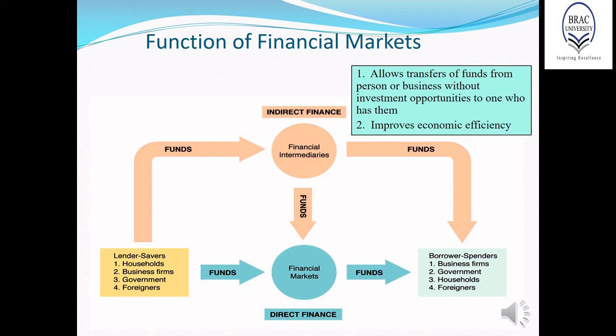On the other hand, in direct financing, the funds are directly transferred from the lenders to the borrowers, and this entire process takes place in the financial market. The savers and the borrowers interact in the financial market.